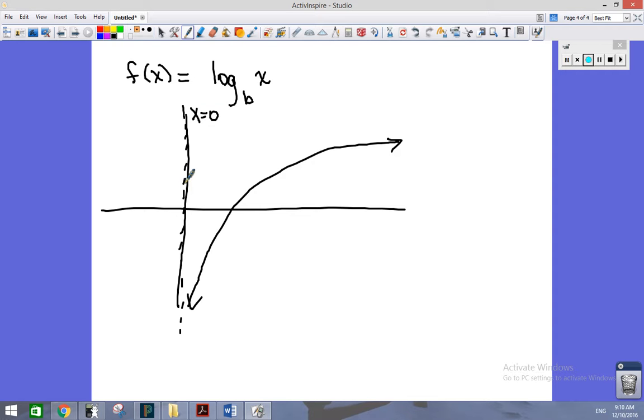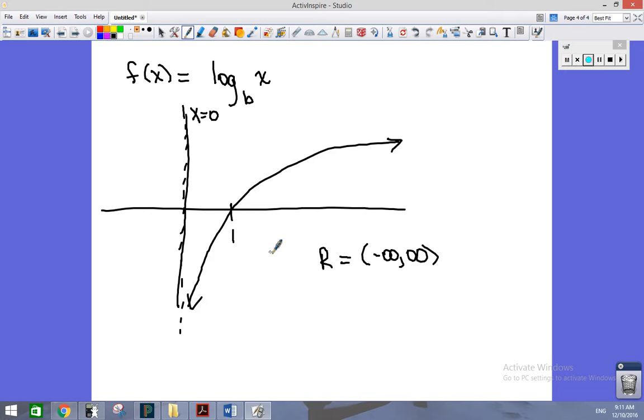And what used to be a y-intercept of 1 is now an x-intercept of 1. The domain of an exponential function was all real numbers, but domain and range have switched. So now it's the range that's all real numbers.